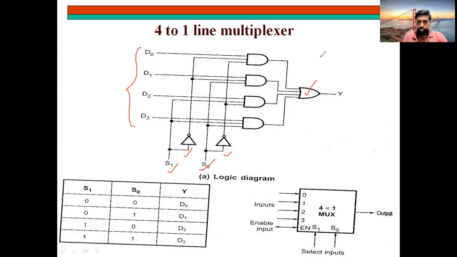Suppose S0 and S1 are both 0, 0, then these 3 gates will be disconnected. Only D0 will be passed through, and you will get Y equal to D0.